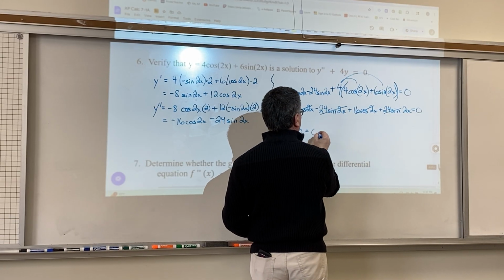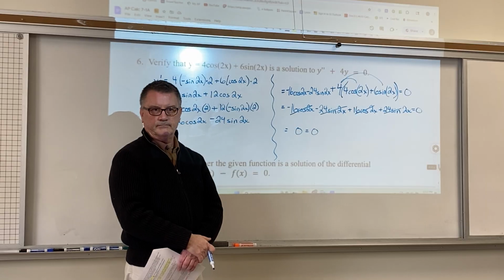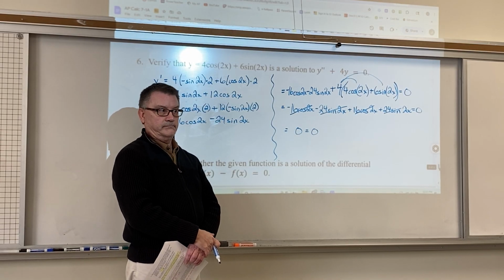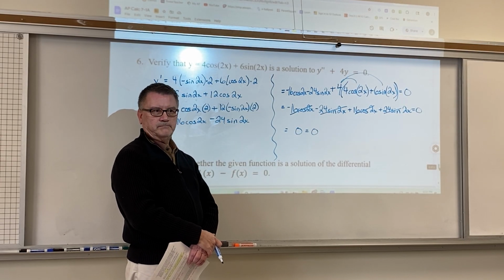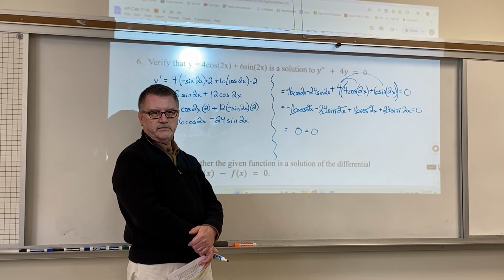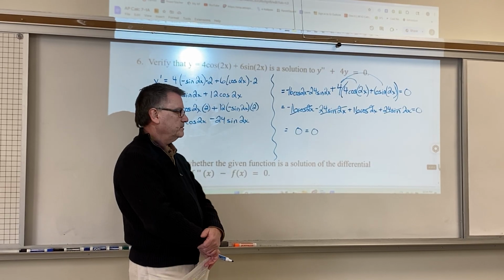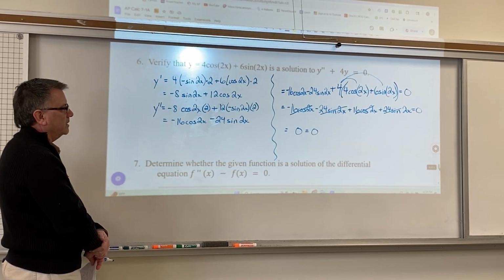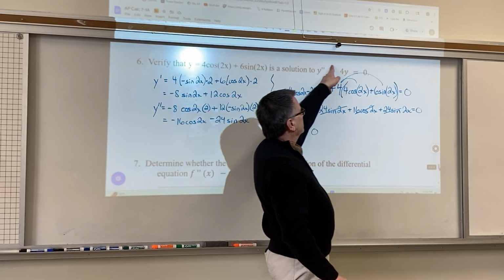0 equals 0. Hey, it worked. If it said that equation equaled 16, we haven't found the solution, because 16 doesn't equal 0. And we know this part equals 0.